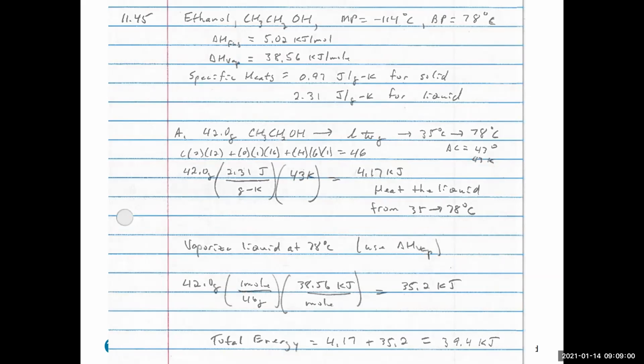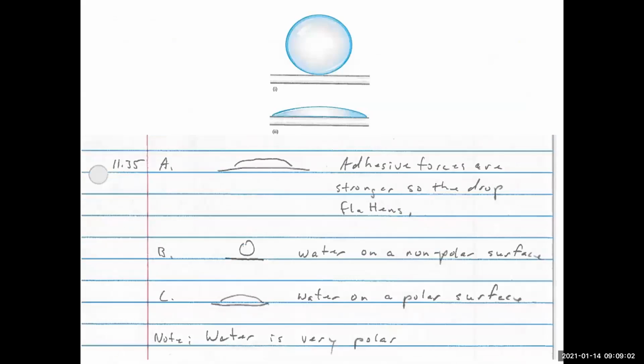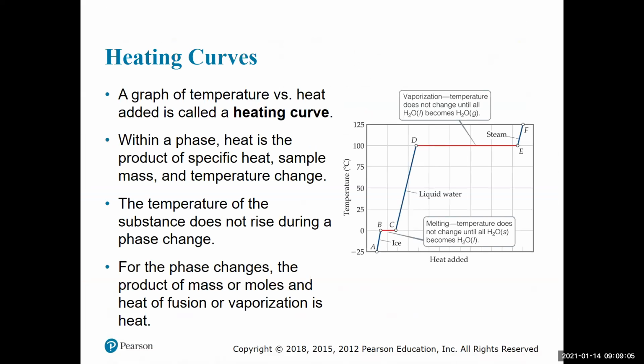So let's go back here for a second to our curve. What we're saying is we're starting at 35 degrees C, and we want to go to the vapor phase. At 35 degrees C, what state is the ethanol in?